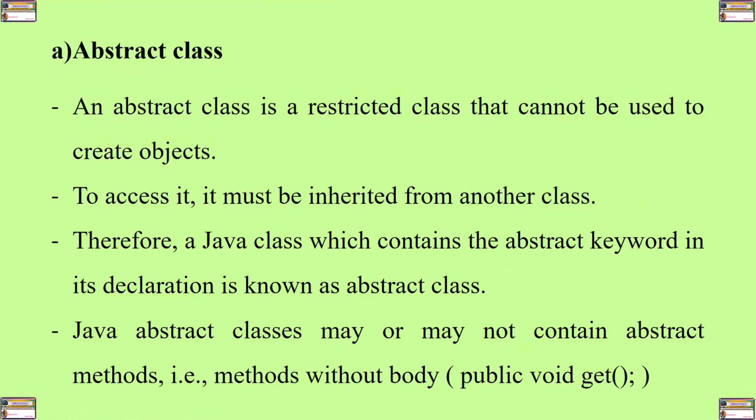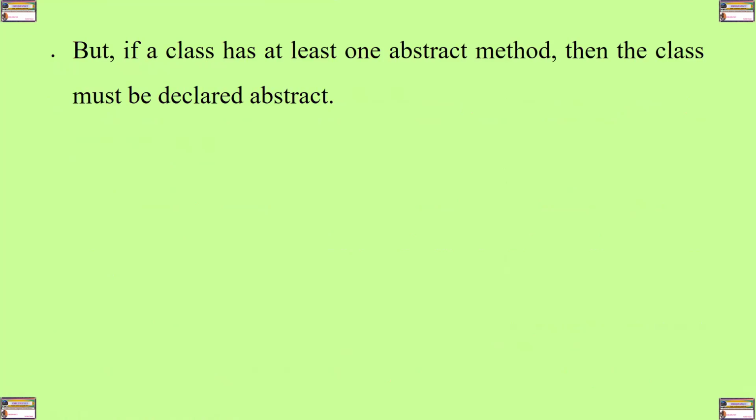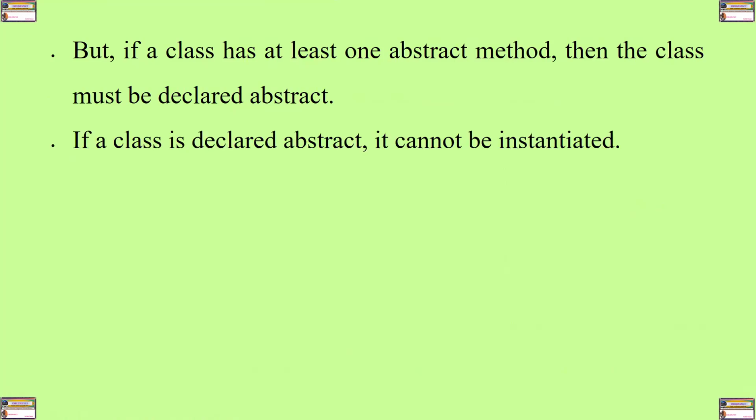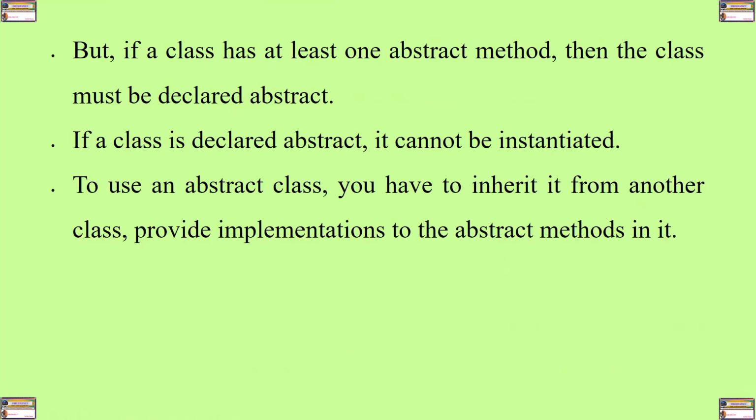Abstract classes in Java may or may not contain abstract methods, that is, methods without body. For example, public void get without any definition. But if a class has at least one abstract method, then that class must be declared abstract. If a class is declared as abstract, it cannot be instantiated.